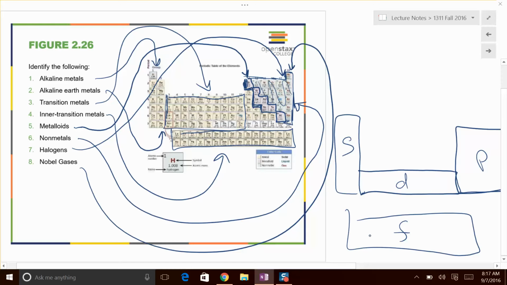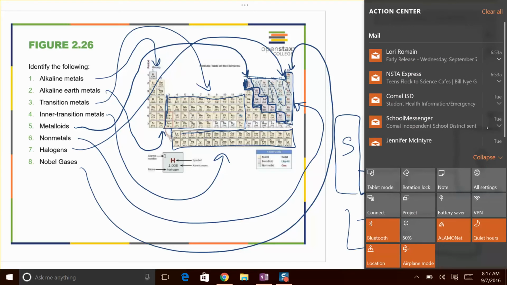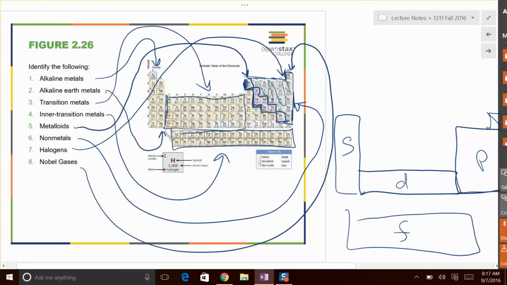Helium, for purposes of what we're doing here, is not over here. It is right here. Helium is also an S electron. The only reason they put him over here is because he's a noble gas. He's inert, just like these guys. But he doesn't have the same characteristics as these.